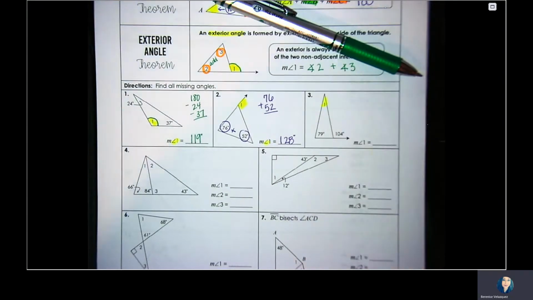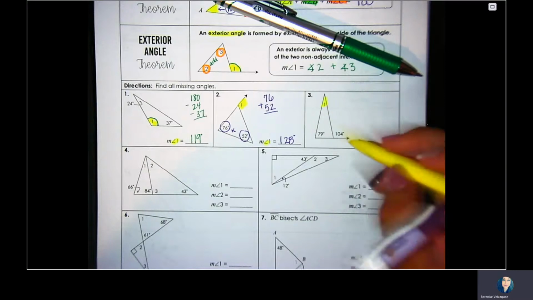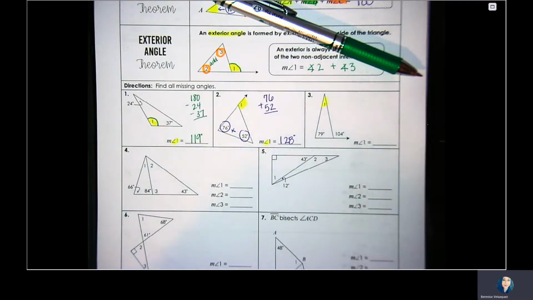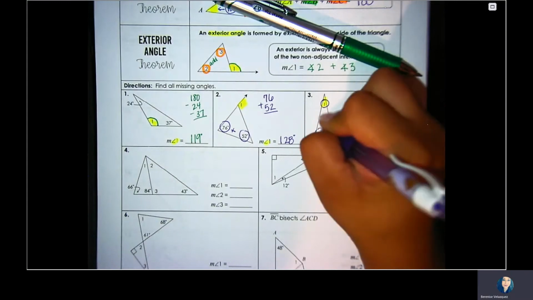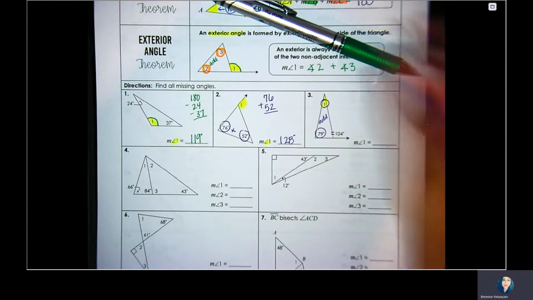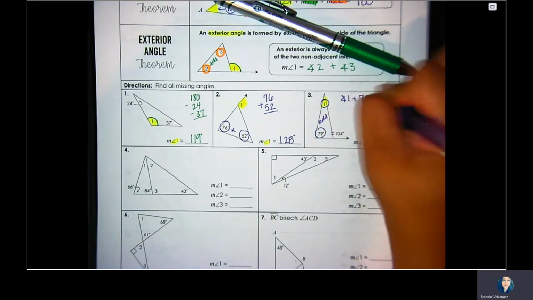Now this one's different. The angle that's missing is angle 1, but the one that's on the outside is 104. So this setup is a little bit different. We're still supposed to take the 2 on the inside, add them together, and it'll give me this. So let's set it up. Angle 1 plus 79 is equal to 104.